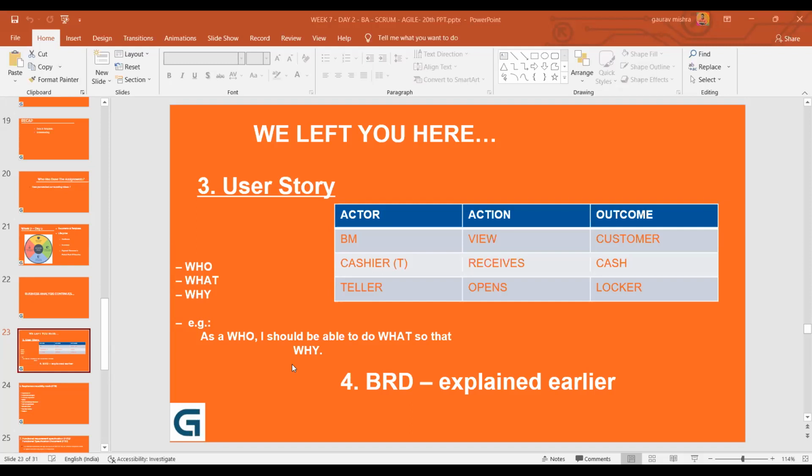You will read this example as a who, I should be doing what, so that why will be completed. You will read one line from here, but you will be completing this example. Is it clear to you what to do?